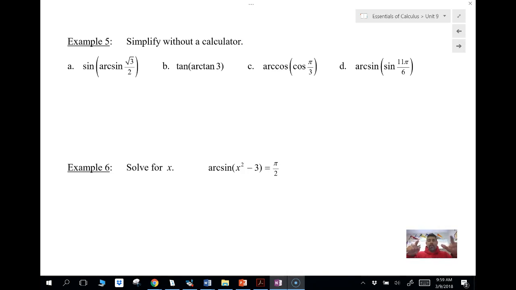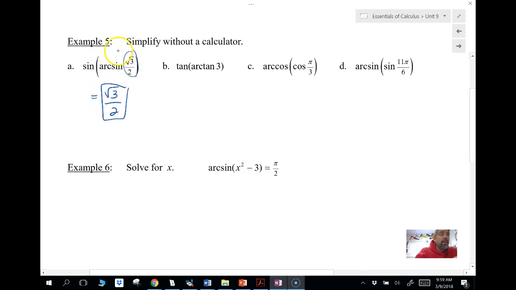We got to be careful that we're still staying consistent with our range restrictions. Let's take a look. Sine of arc sine of √3 over 2 is going to be fine because there's no domain restriction on sine. So these can easily just be simplified to √3 over 2.